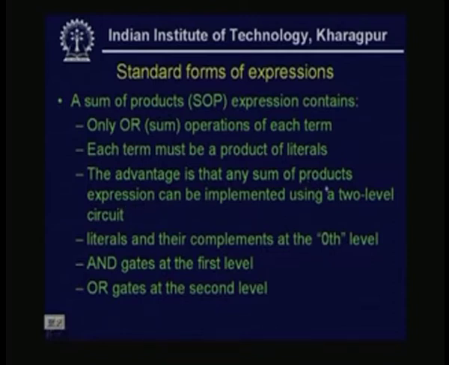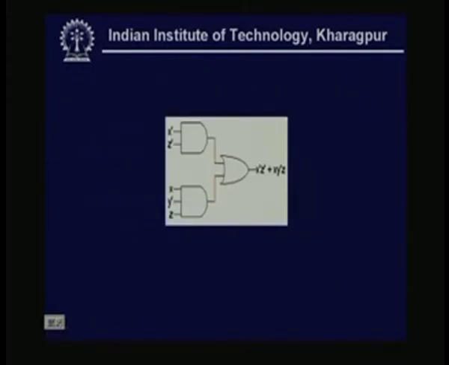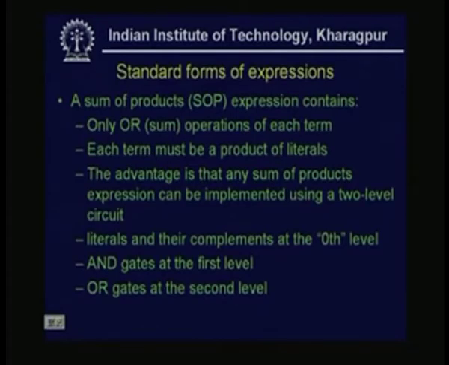The advantage is the sum of product expression can always be implemented using a 2-level circuit. Just now we have seen one example. See, this is a standard form, this is a sum of product, x dash z dash plus x y dash z. Always this can be represented by AND OR gates.